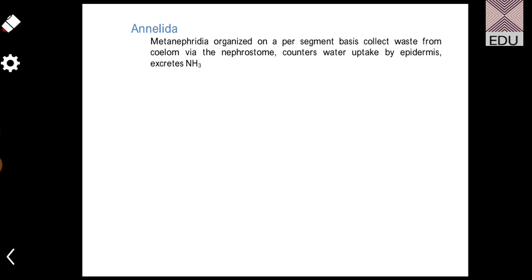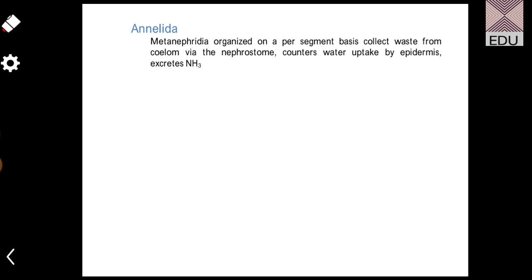If we talk about the metanephridia present here, they do not have any flame cell or solenocyte, but they have a funnel-like structure forming their mouth, and that is called a nephrostome.